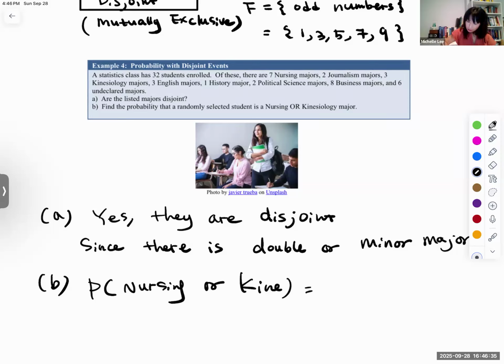So there will be the number of nursing majors or kinesiology majors over the number in the sample space.